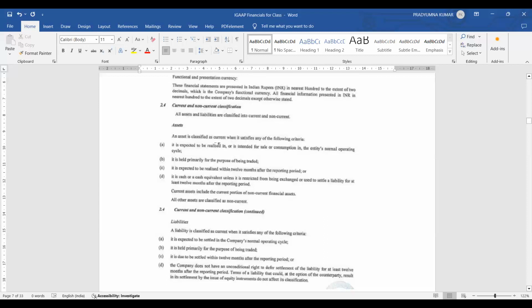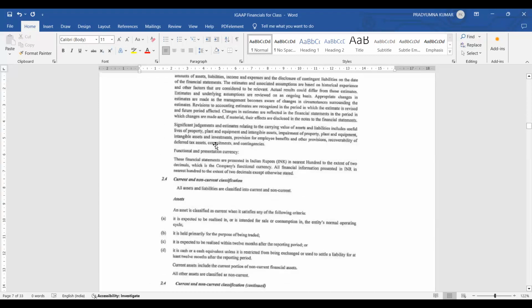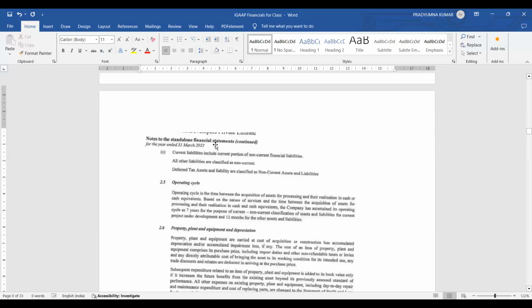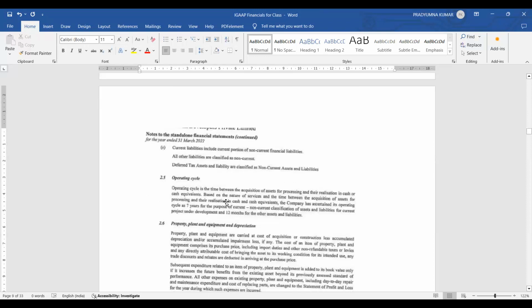Liabilities, assets. Then operating cycle. Each business will have its own operating cycle. What does operating cycle mean? The duration from raw material to finished product, or from raw material to sales encashment, is called the operating cycle.